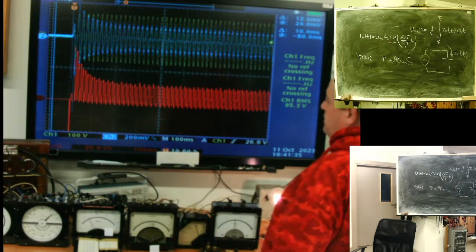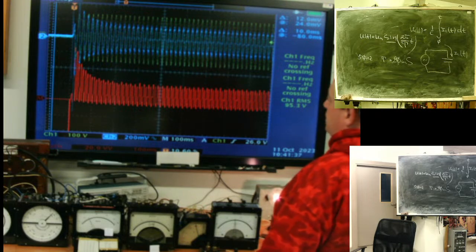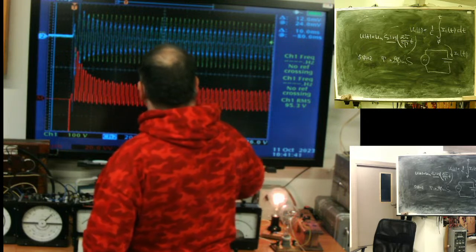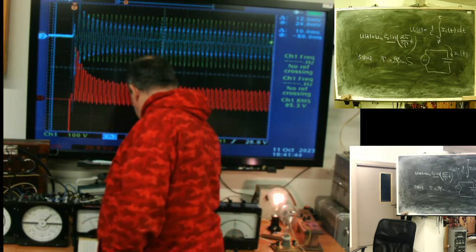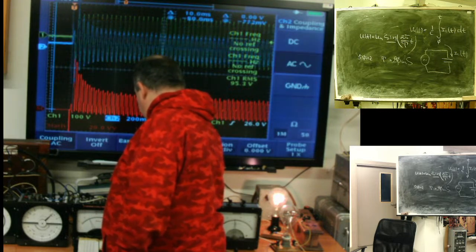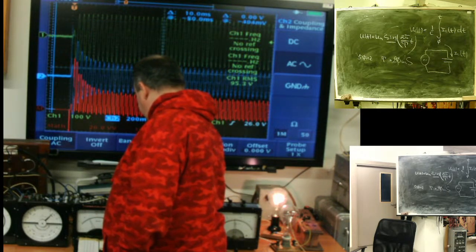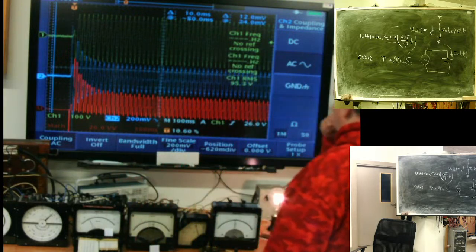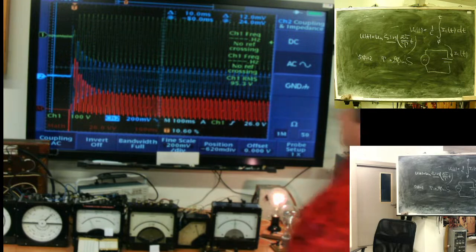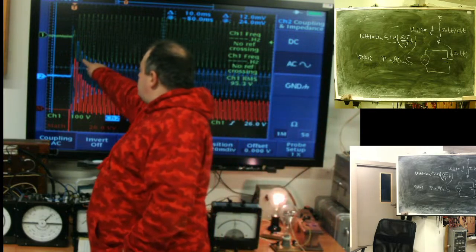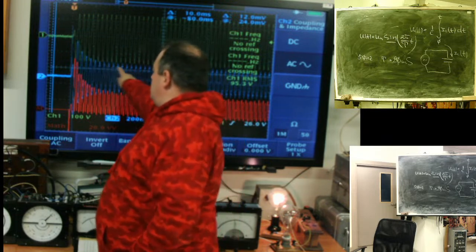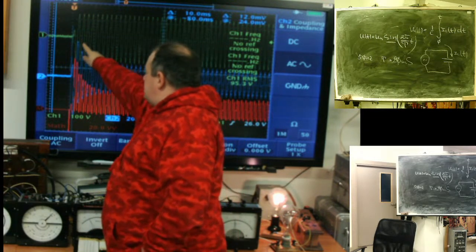It's a power up of the network. I have recorded it. Maybe I will make it a bit clearer. You see what's going on with current and voltage? It's the inrush of the transformer. See the form of the current.